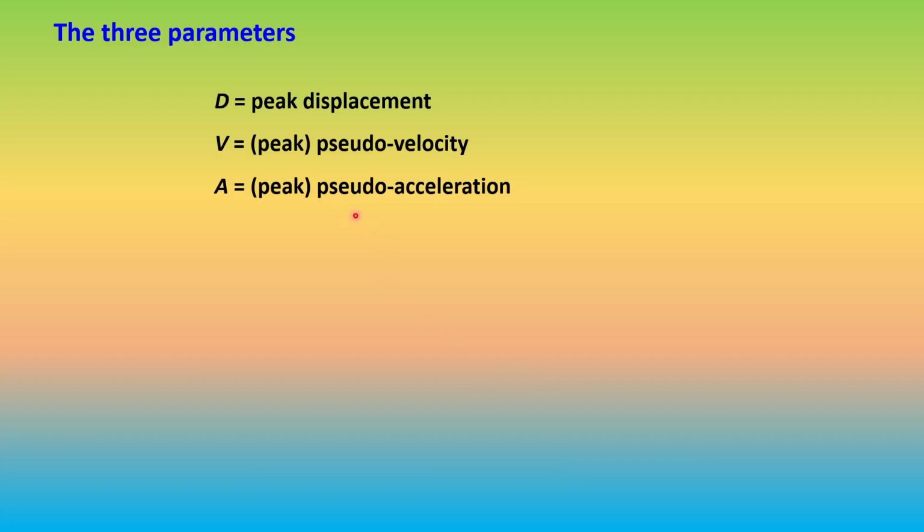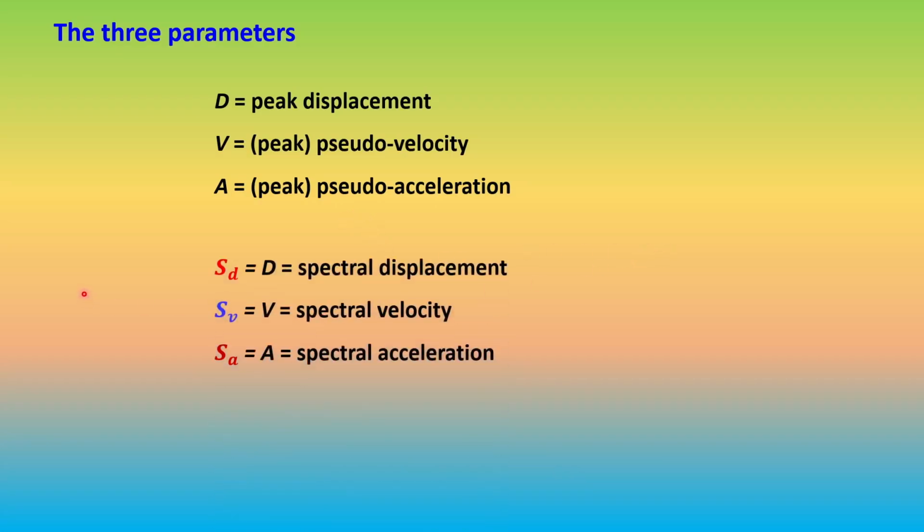So these three parameters are also expressed in spectral terms. What are these? SD, the spectral displacement, SV, spectral velocity, and SA, spectral acceleration. What is spectral? Any graph that is plotted with time period or frequency in the x direction and some parameter in the vertical direction is called a spectrum.